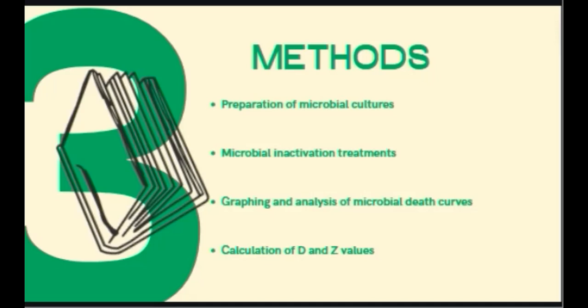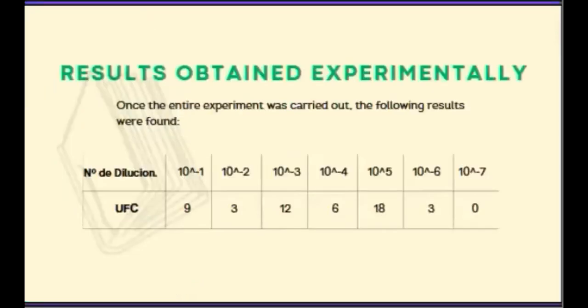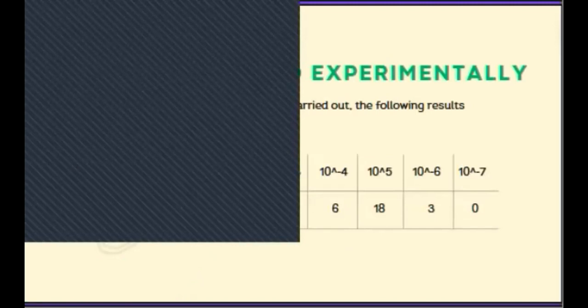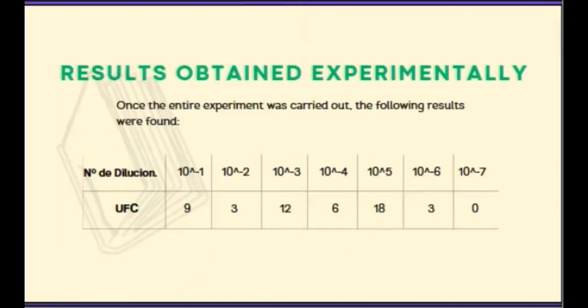Okay, the next part of this experiment is to explain the results. Results obtained in the experiment. When the experiment was carried out, the following results were found. For the first dilution, we have nine colony forming units.